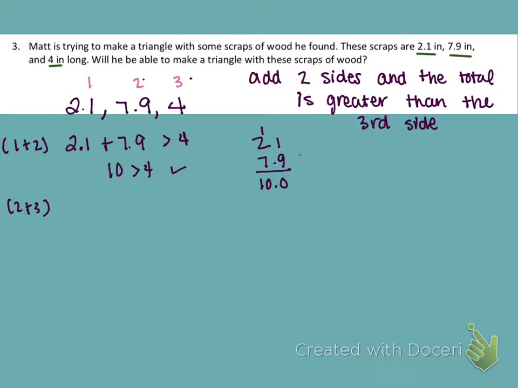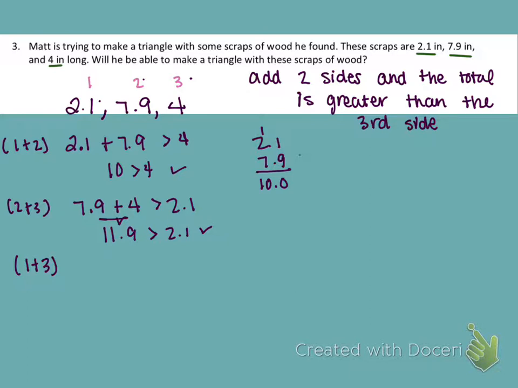Side 2, which is 7.9, plus side 3, which is 4, has to be greater than side 1, which is 2.1. So 7.9 plus 4, 7 plus 4 is 11, so 11.9 is greater than 2.1. Yeah, that works. Now what's left is side 1 plus side 3.